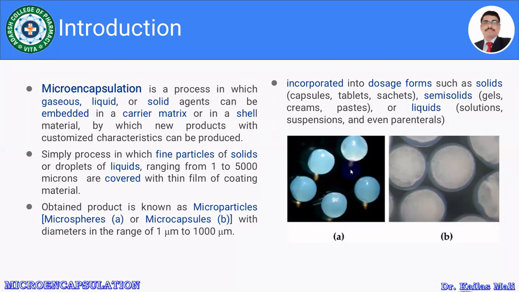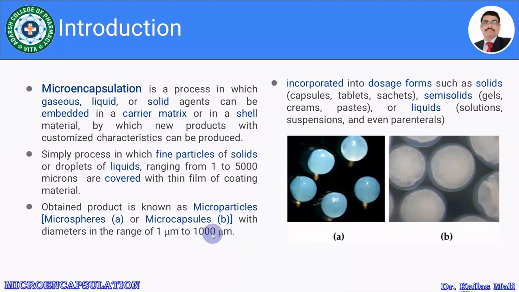That's why it is known as microspheres, or microcapsules, which have a diameter ranging between 1 micron to 1000 microns. So the particle size or diameter of the obtained particles or microcapsules ranges between 1 micron to 1000 micrometers.